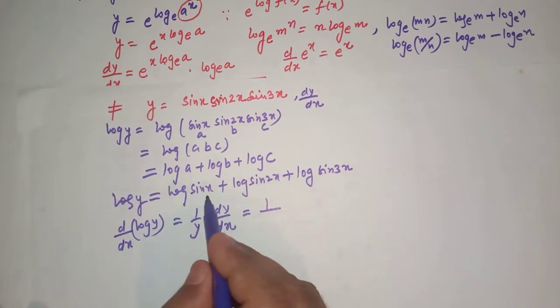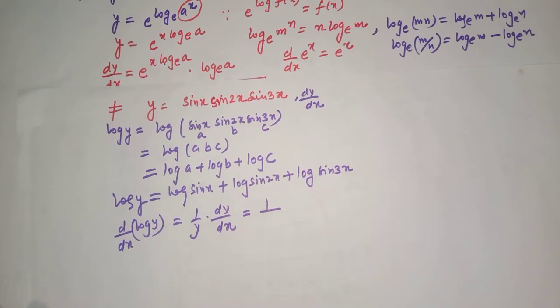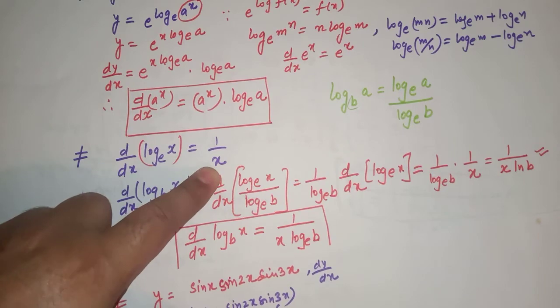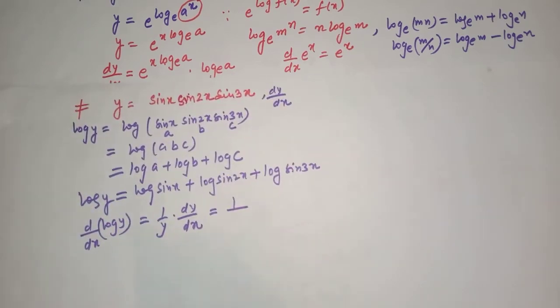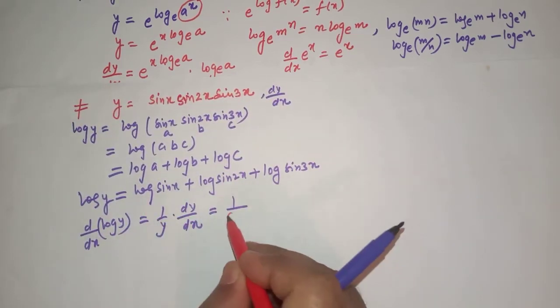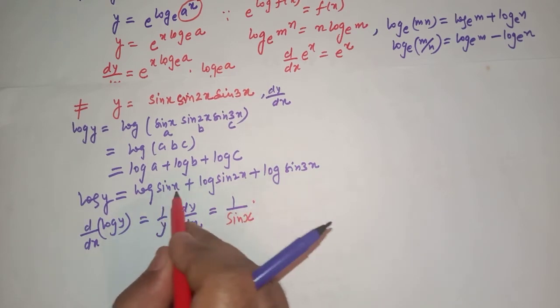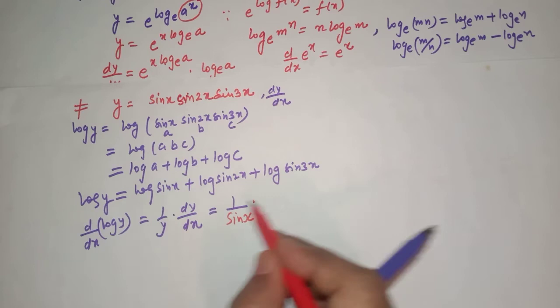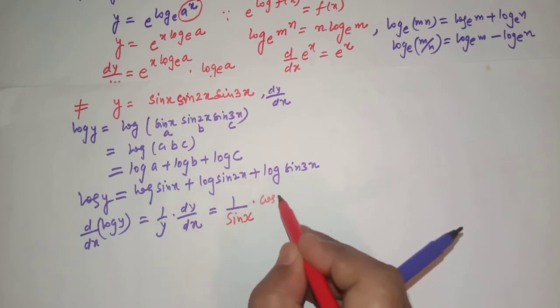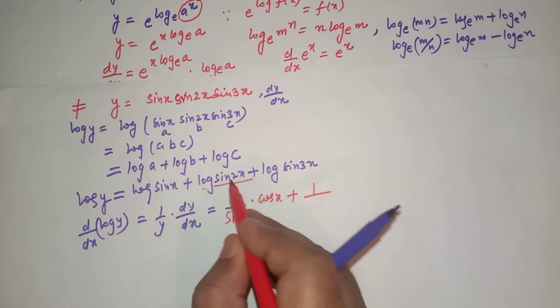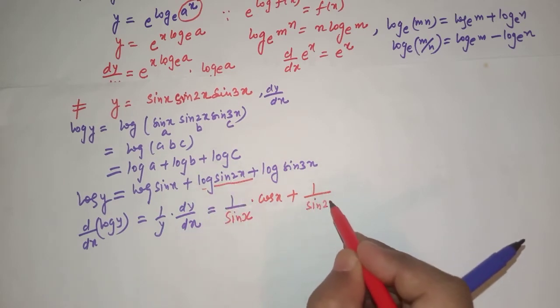So the derivative of log sin x, where we know that the derivative of log x is 1 over x. So therefore the derivative of log sin x is 1 over sin x multiplied, then we'll apply the chain rule, the derivative of sin x is cos x, plus the second term, this is 1 over sin 2x.